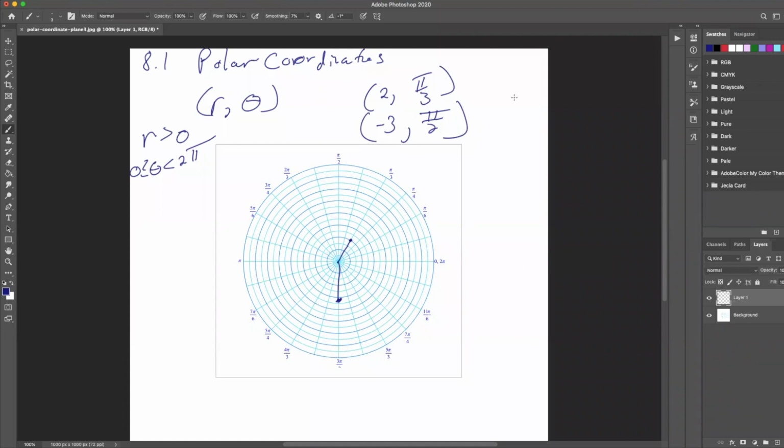Here, the book allows you to do multiple things. I could have 2 and pi over 3 plus 2 pi as my coordinates, going around once, heading back to pi over 3, and then going out 2. Or I could have -2 and pi over 3 plus pi, which is 4 pi over 3.